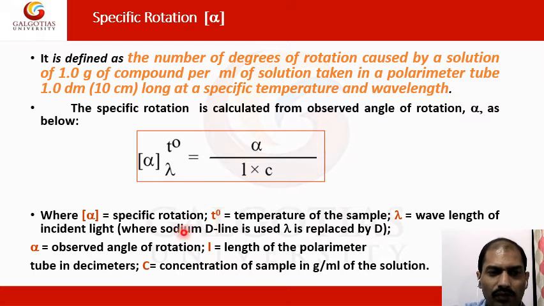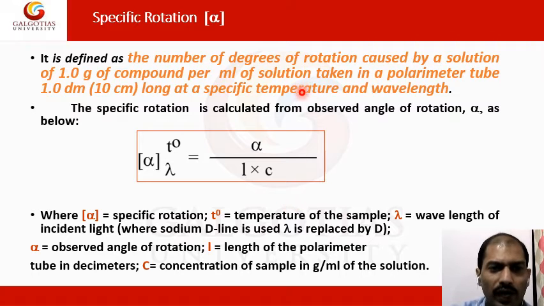In this way, you can see how specific rotation can be calculated by keeping in mind this simplified form of the equation, and by keeping in mind what these terms are and what their relevance is when calculating the specific rotation.